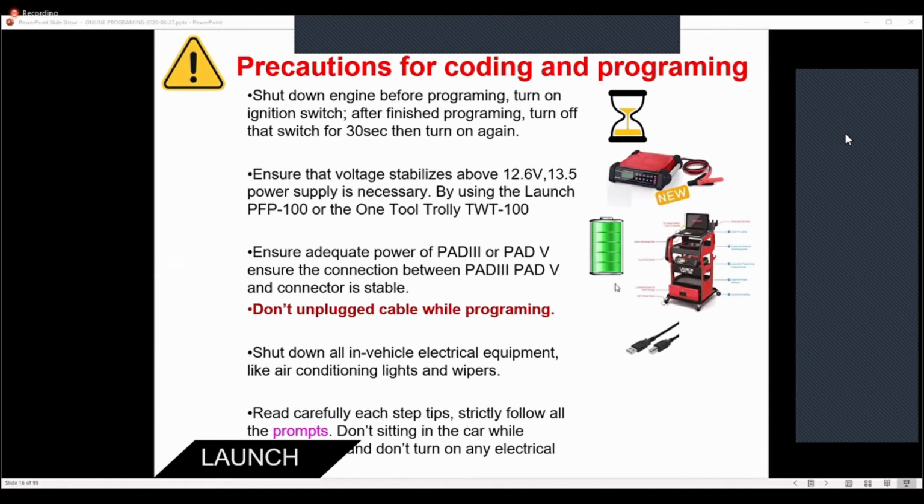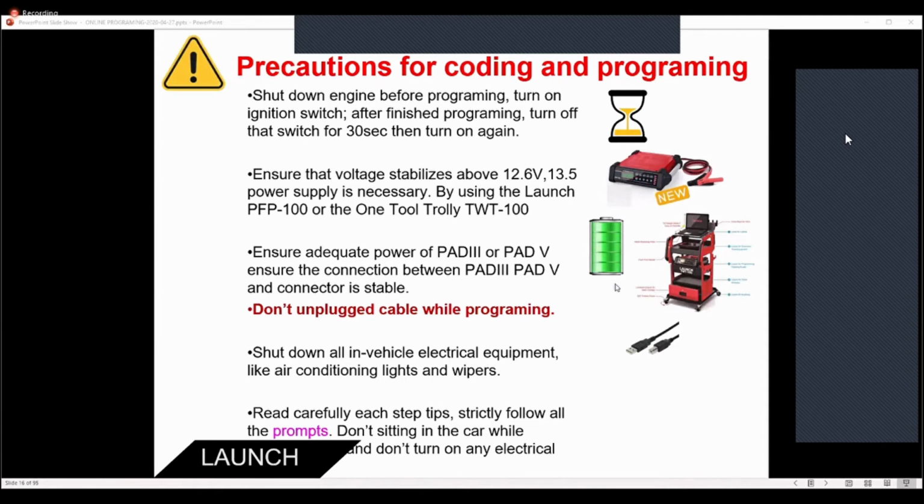Now, precautions. With anything to do with coding and programming, you must be very cautious on the steps because it's critical. If any of these are not met or something happens between the program download area or the programming of the vehicle, you can actually damage, or not damage, but make it non-recoverable.